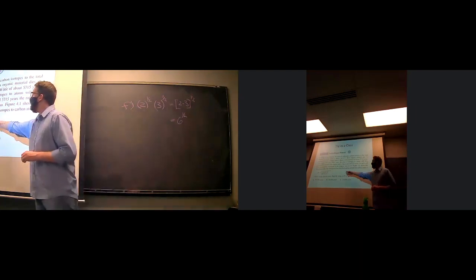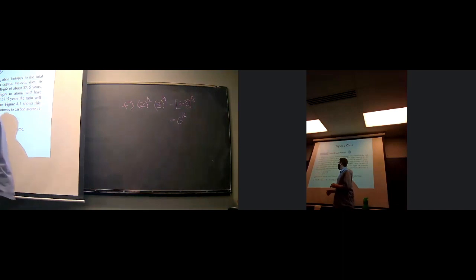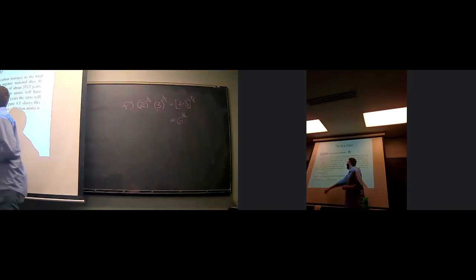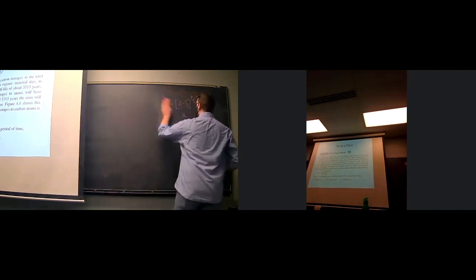And in this question, what they're asking is, given that the ratio is equal to 1 over 10 to the 12 times 1 over 2 to the t divided by 5,715. So let me write this on the board.